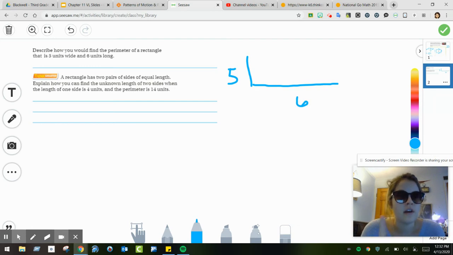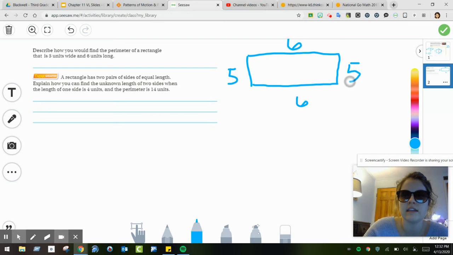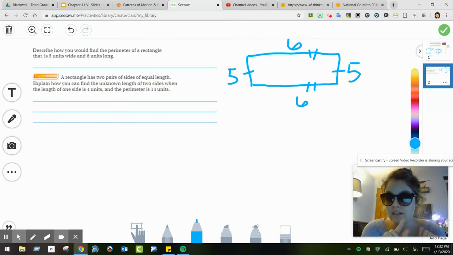Now, the rectangle is probably equal on both sides. So that means that this is 6 on this side and it's 5 on this side since they are equal to each other. Now to find the perimeter, since I don't have the little squares to count, I can use that other strategy I just showed you.